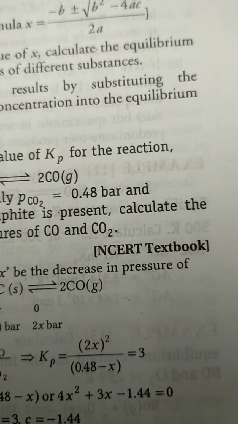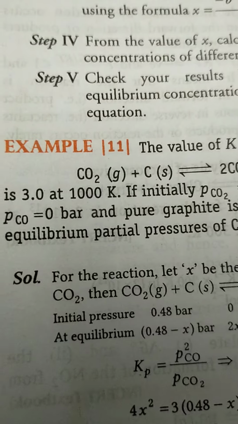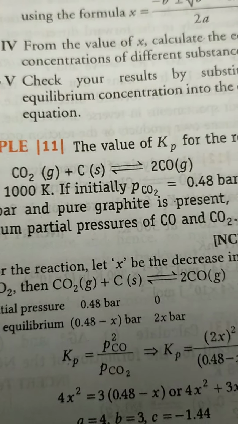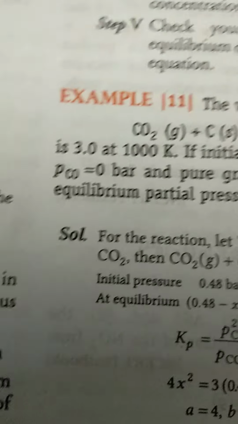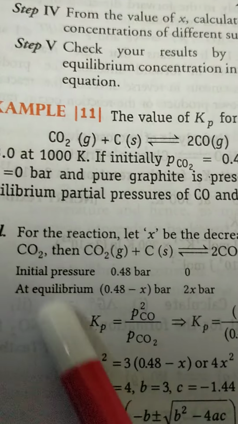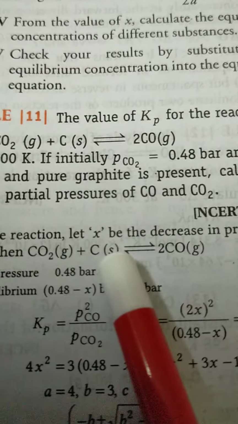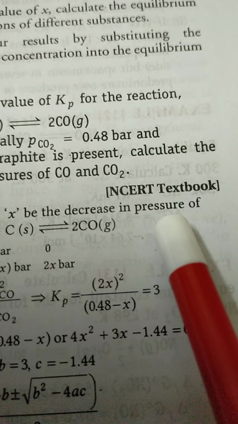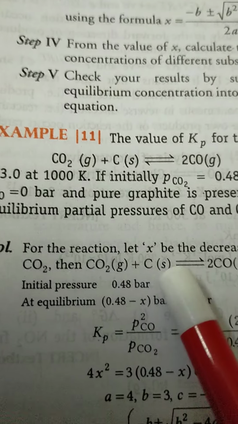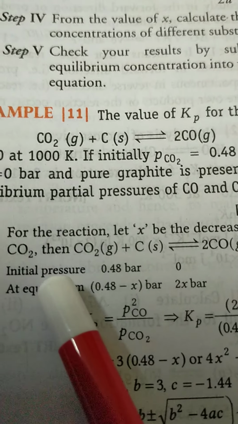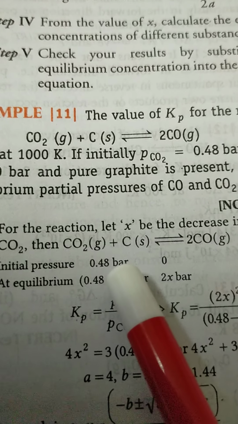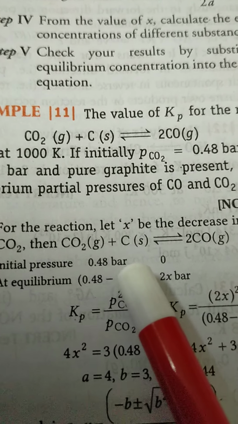So we have to calculate the equilibrium partial pressure of CO and CO2. For this equation, first we take X as the decrease in pressure. So what is the initial pressure? 0.48 bar.